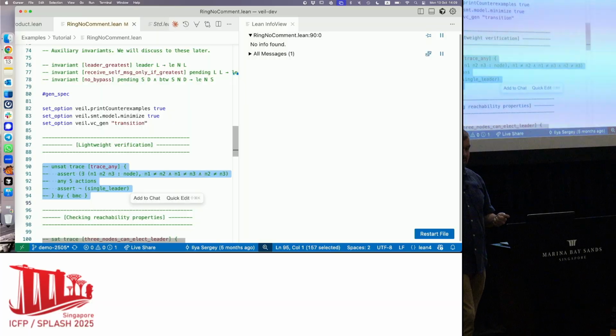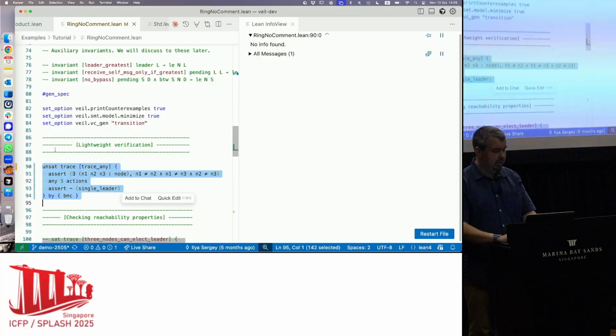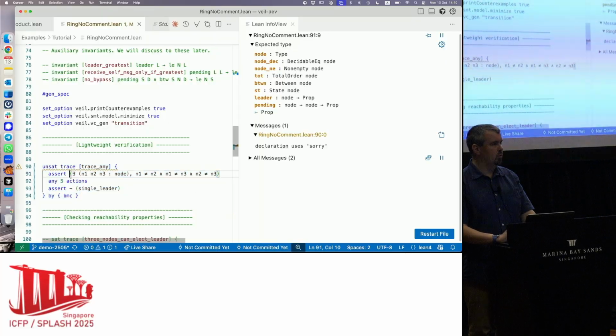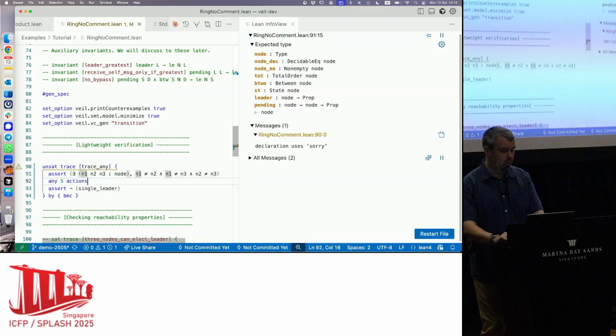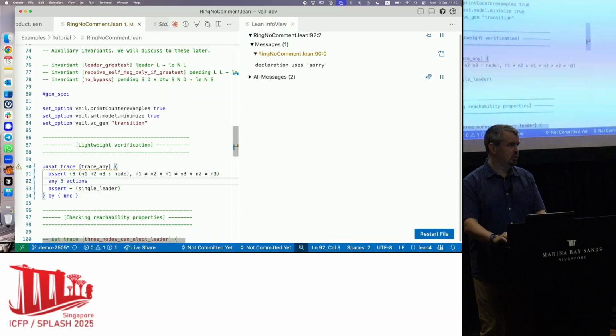Instead, we can say that this property is not violated after taking any 5 actions in this protocol, assuming that there are only 3 nodes. So we are artificially making a very small set of nodes, and we perform what's called symbolic model checking.